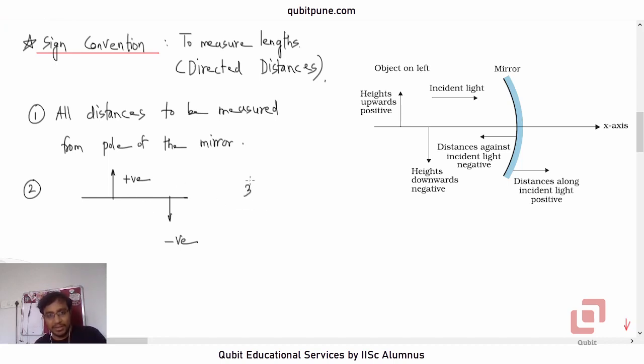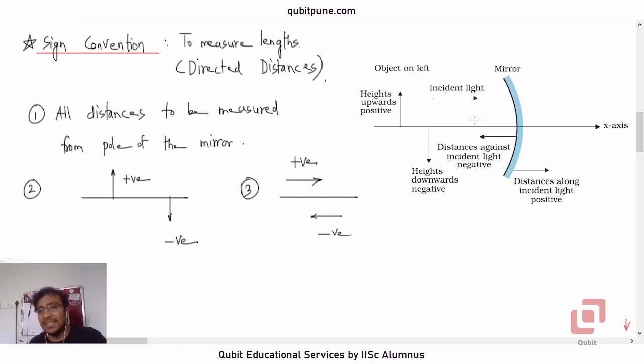And the third thing is that distance is measured in the direction of the incident light, and it is always taken from left to right. We always place our object in front of the mirror and it is always to the left. So distances measured in this direction are positive and distances measured in this direction are negative.